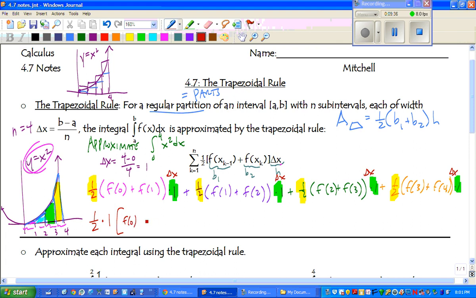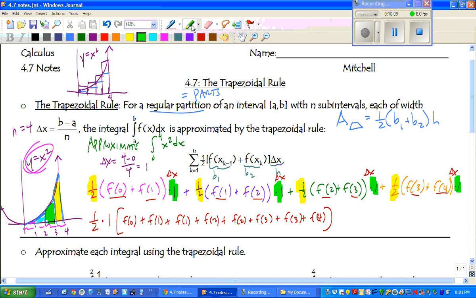We have f of 0 plus f of 1 plus f of 1 plus f of 2 plus f of 2 plus f of 3 plus f of 3 plus f of 4. We're just looking at all of these that are left after we factor out the 1/2 and the 1.